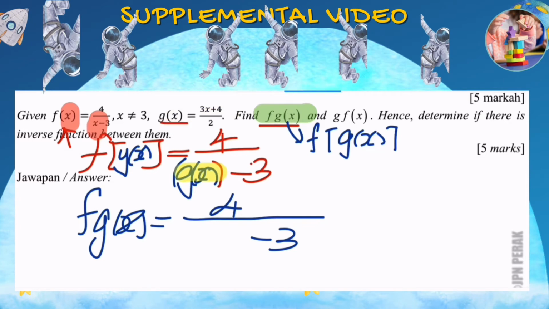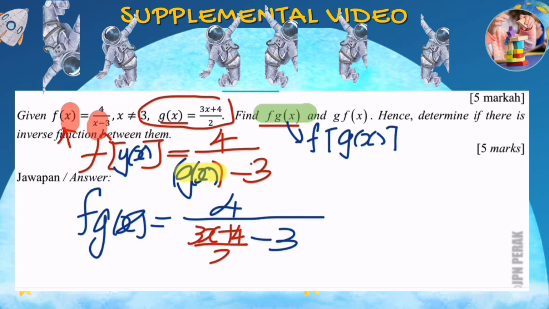So that is how you find the composite function, right? So 4 over (3x plus 4 divided by 2). That is how we find the composite function f(g(x)).